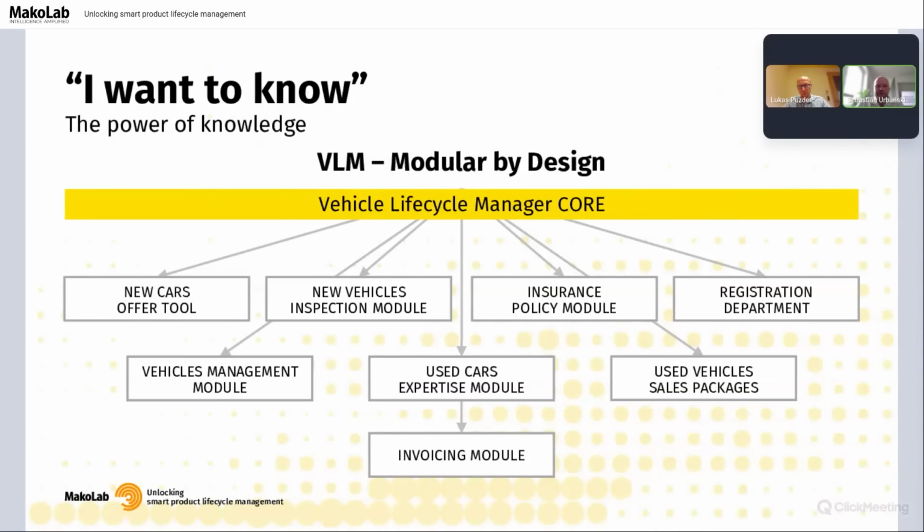We need to confirm this vehicle is right, so we need to do the pre-delivery inspection. It's also done in our application, but from the perspective of the workshop. We've got also an insurance module dedicated to insurance companies, where we are gathering all information about all already sold vehicles. We've got a tool for communication with the government department regarding the registration of vehicles.